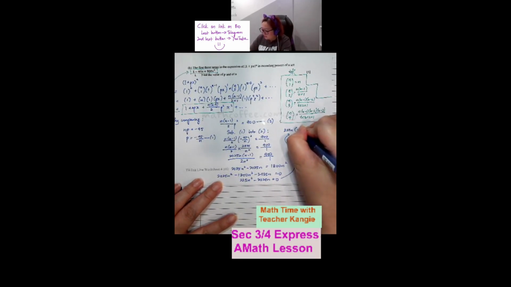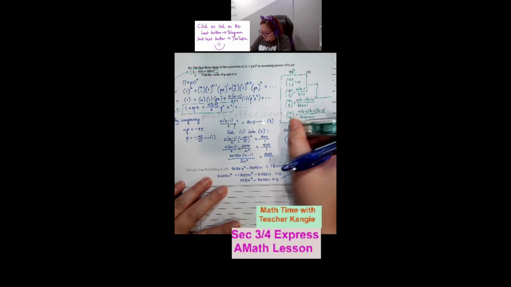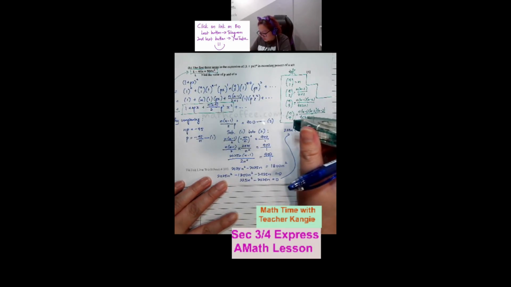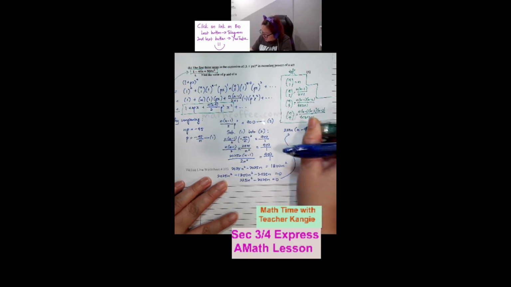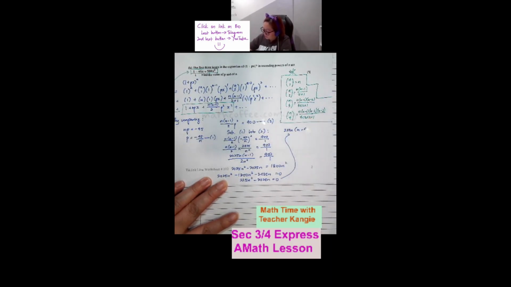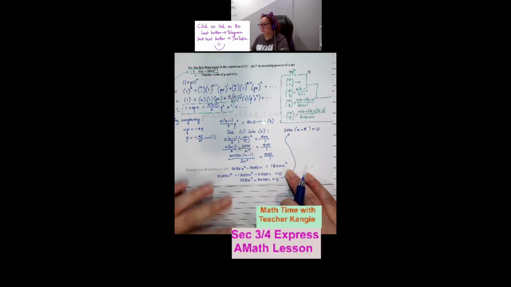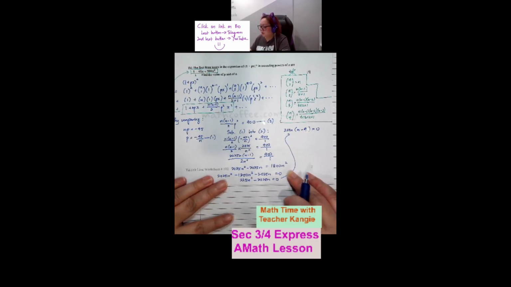You factorize this out, you are left with n minus 9. Factorize out the 225n. Okay? So it becomes like that. So you will have 225n equals 0 or n minus 9 equals 0.